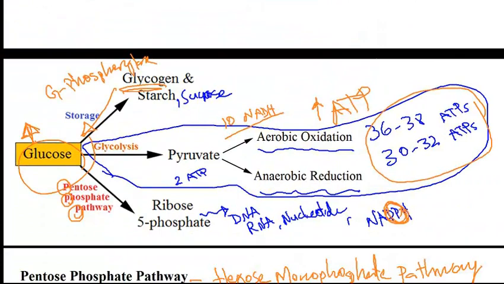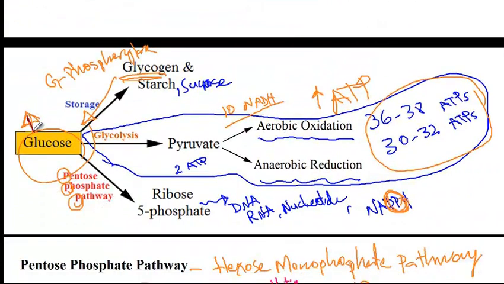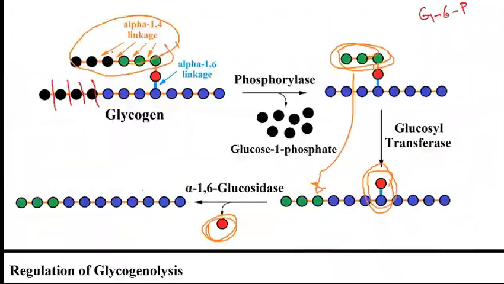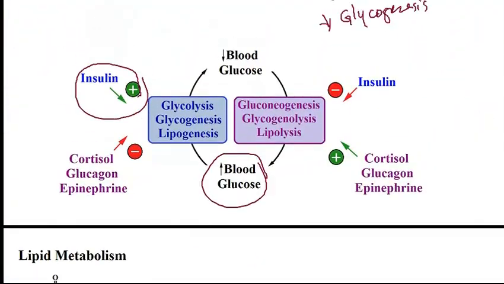So here, if we go to the original pathway, we have too much glucose. Therefore, glycolysis will be increased, storage will be increased, the pentose phosphate pathway, all these other pathways will kick in in order to reduce the blood glucose. And these are all activated by insulin.